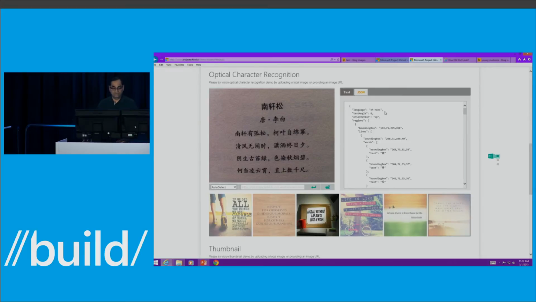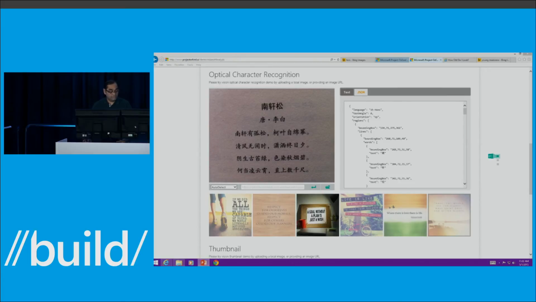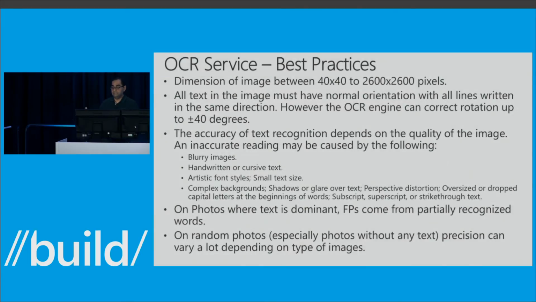That itself could be a useful feature. I'm from the Bing team, and where we use it in Bing is for adult detection as well. One of the biggest problems is there are a lot of quotes which are inappropriate, so we are able to filter those out by using OCR.